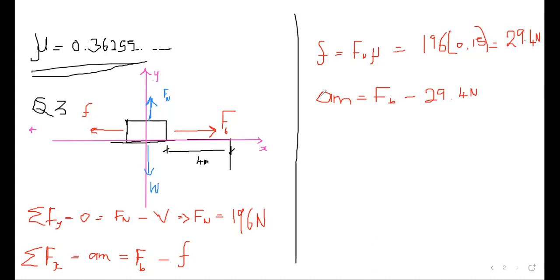So FB is equal to the mass of the box times the acceleration of that particular track. How fast is that track moving? We don't know the acceleration with which the box would move, but the track is moving at a certain acceleration.